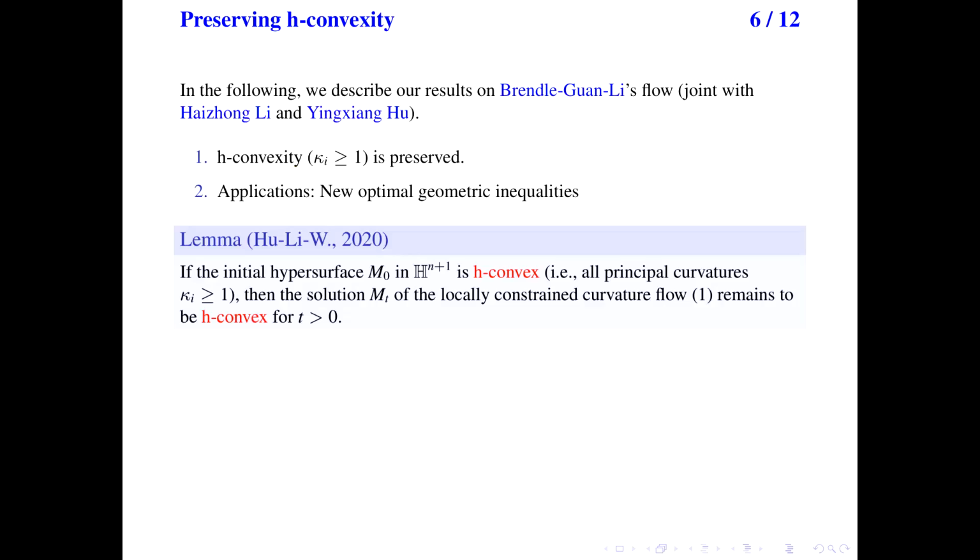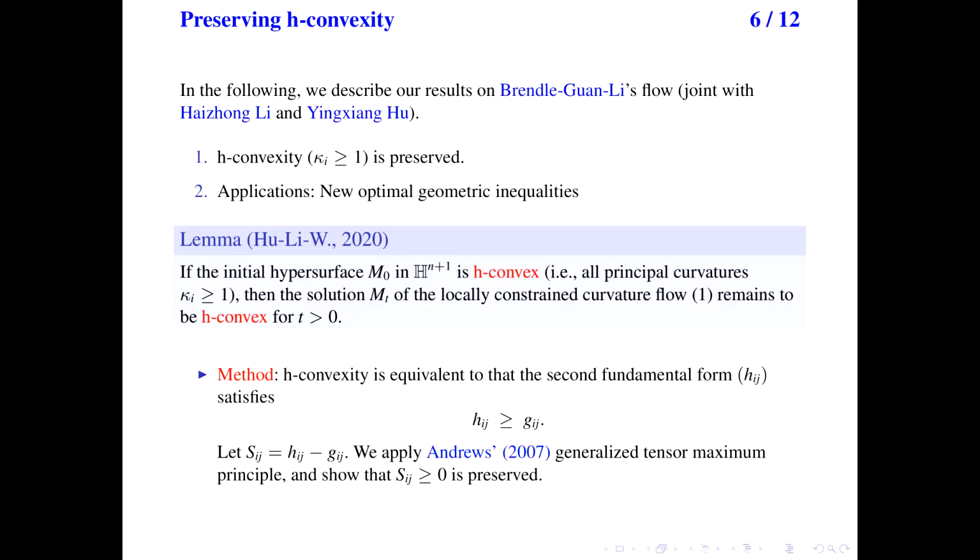Now the following is the key lemma of our result. We showed that if the initial hypersurface is h-convex, then the solution M_t remains to be h-convex for later time t.